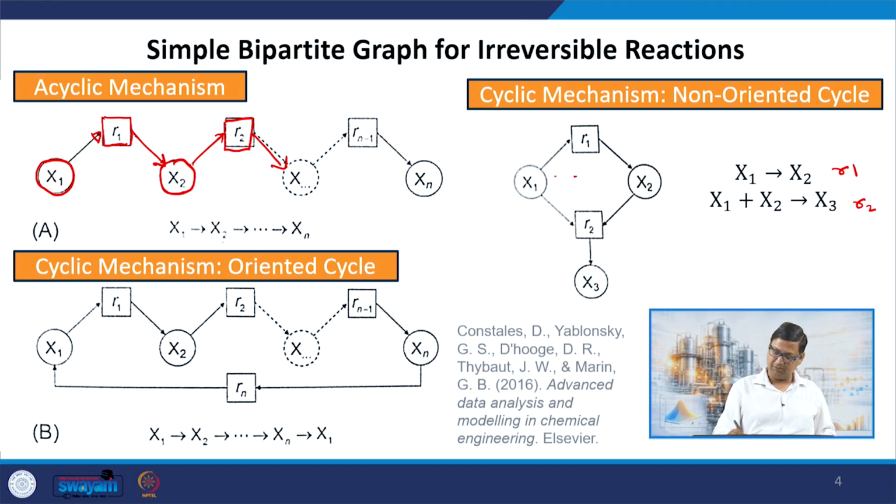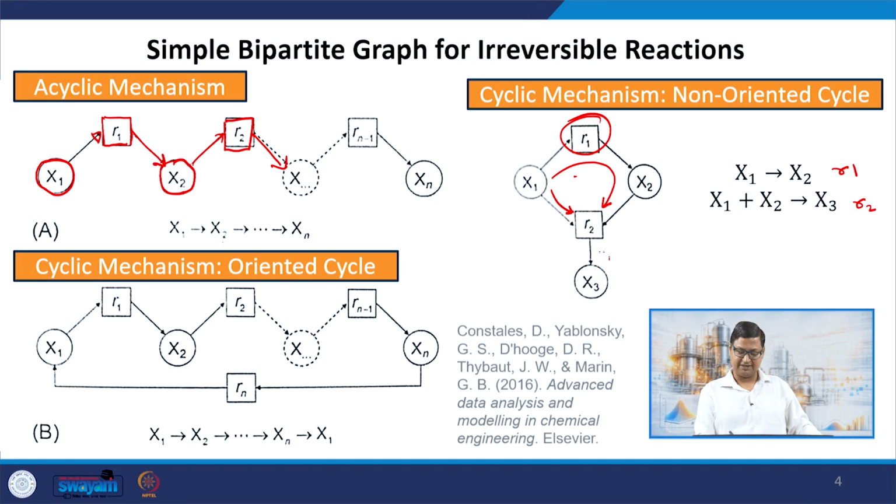So I can go from here to here, or I can go from here to here, but I cannot complete the loop, right? So I cannot go back from x2 to x1. That is called a non-oriented cycle or absence of a loop in here. So this graph is representing essentially two different chemical reactions, x1 to x2 with reaction R1, and x1 plus x2 together giving rise to x3, and that is with the reaction R2.